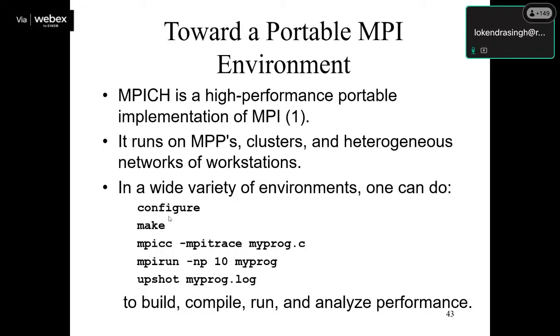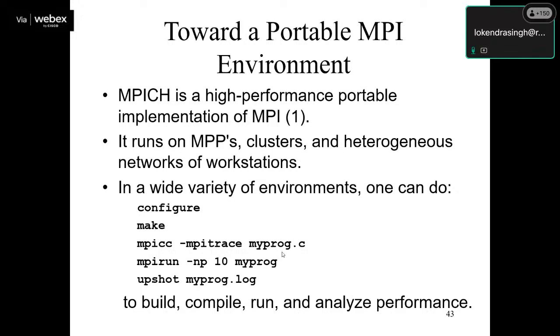First of all, you have to configure. Configure means whether you are using Windows or Linux. Then you have to prepare your setup: mpicc -o mpi_trace my_program.c. That is the name of the program.